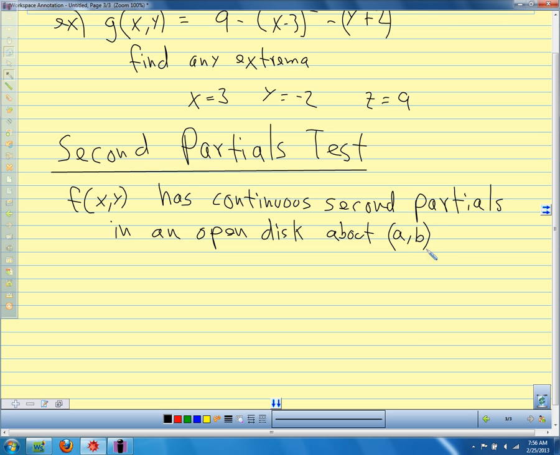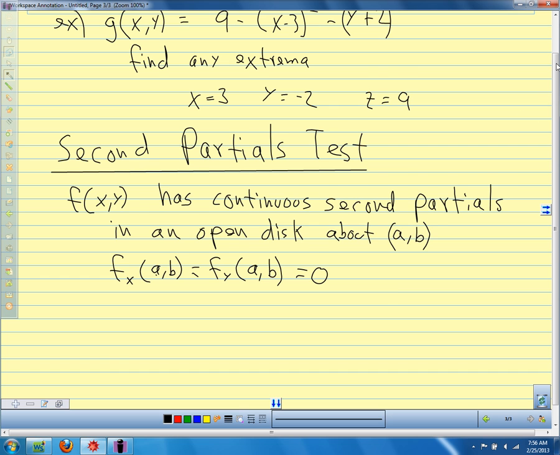So we just need our function to be well behaved nearby where we're looking, and we have a critical point. So f sub x at our point equals f sub y, and they both equal 0.